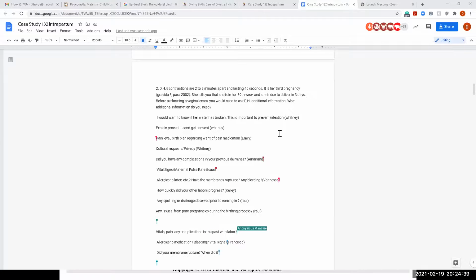Birthing plan, yes. You're going to assess any kind of cultural request. If this is a client or a mom that is very private, very modest, and wants to be covered during everything, then you have to understand that, and you can't just pull back the blankets and do a vag exam on her.